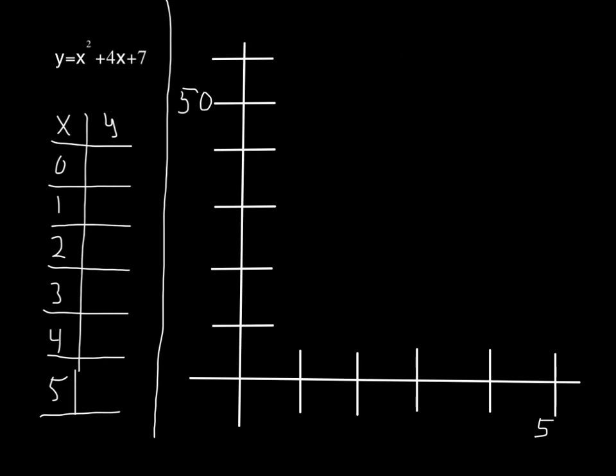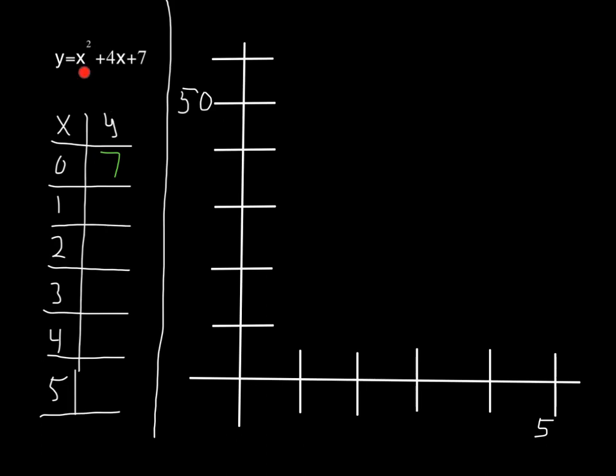Okay, so the first one we're going to do is 0. So I plug in 0 for x squared and 0 for x. Well, those are both zeros, so then I just have 7. So that's an easy one. That's 7.